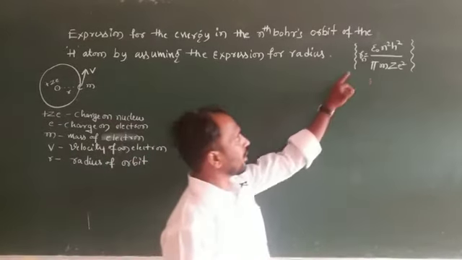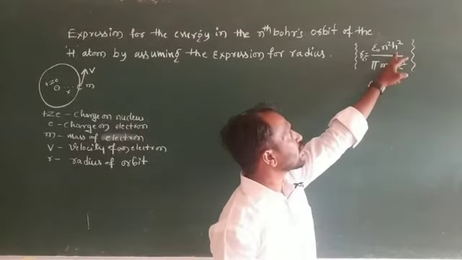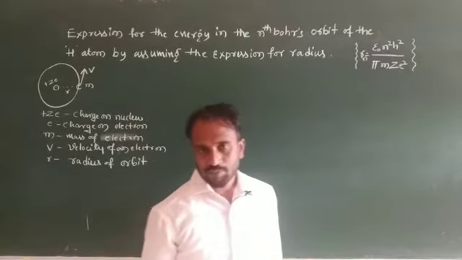We already calculated the nth radius: epsilon naught n square h square divided by pi m z e square.